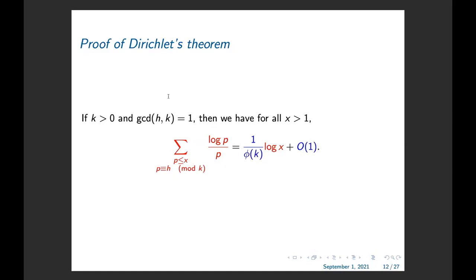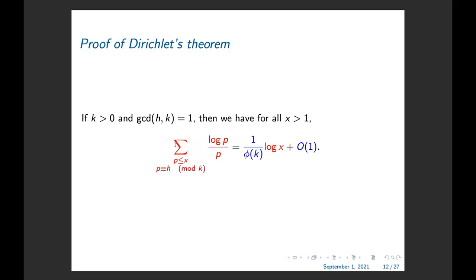So if we can show that this sum is equal to this, note that on the right hand side, this is the main term, log of x. If x goes to infinity, then log of x also goes to infinity. That means the right hand side of this expression goes to infinity. Since these two expressions are the same, this sum is also going to infinity.